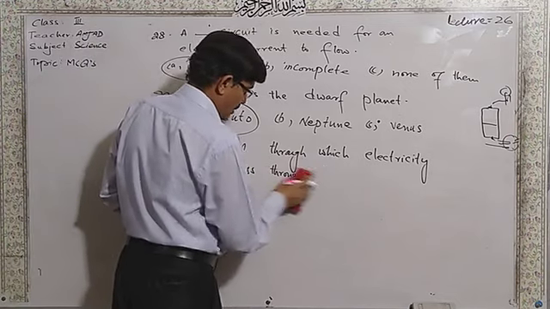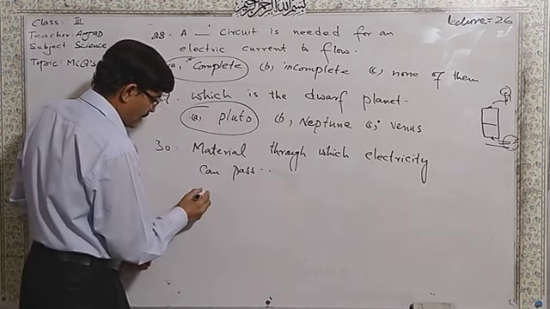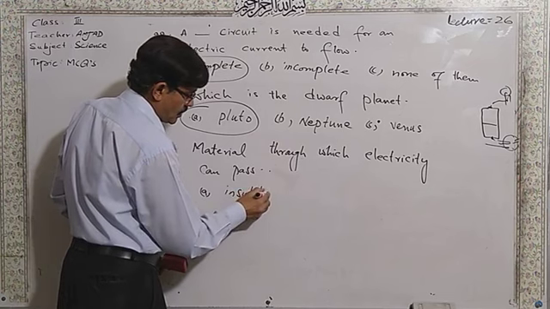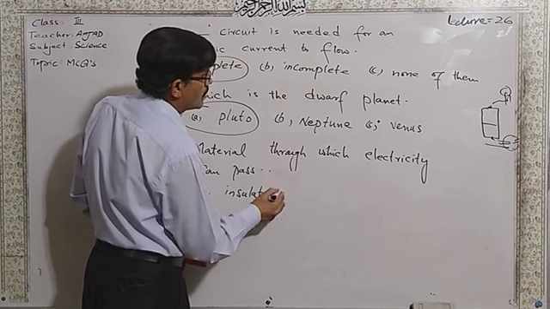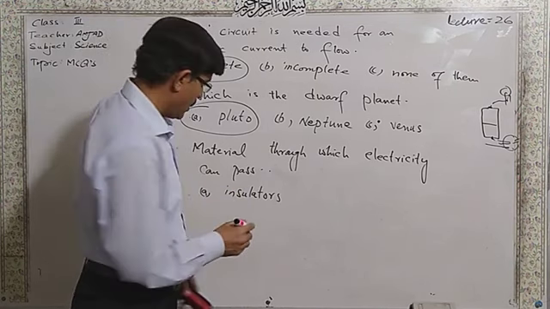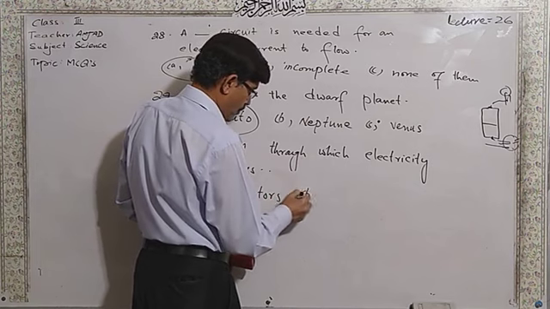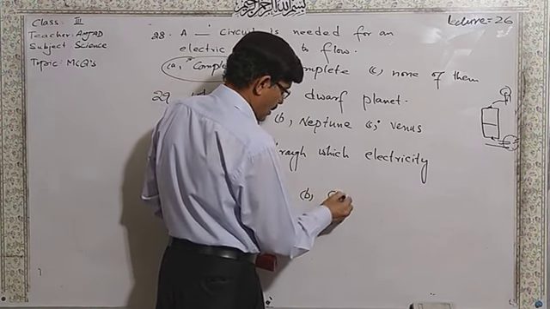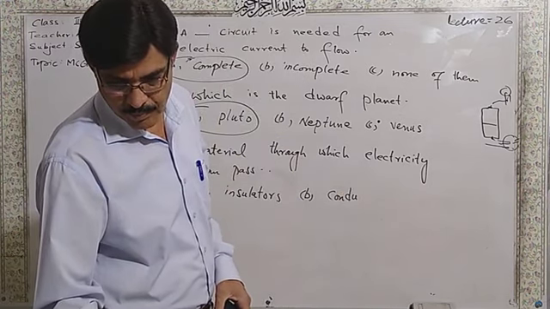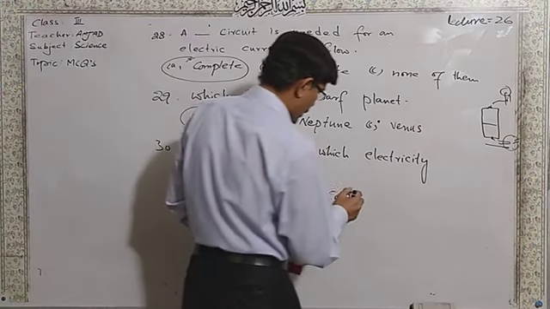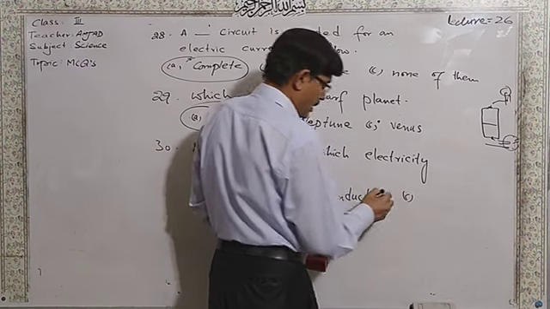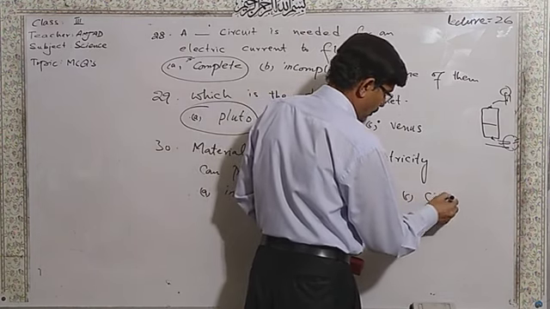A, insulator, B, conductor, and C, circuit.